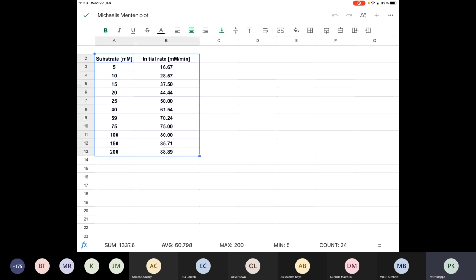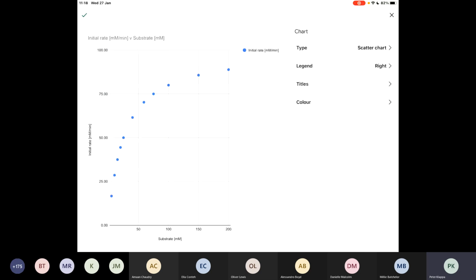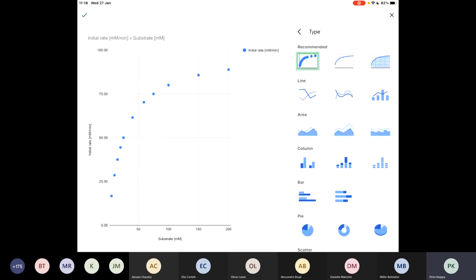I'll do that in Google Sheets, but you can do that also in Excel. So I want to put in a chart. And look at what I get here. You can see the dots. Let me see if I can do that as a line chart.